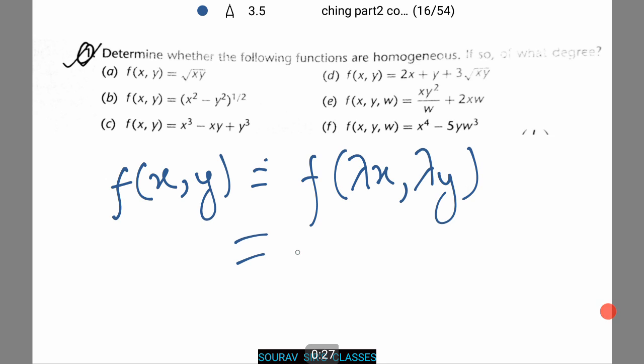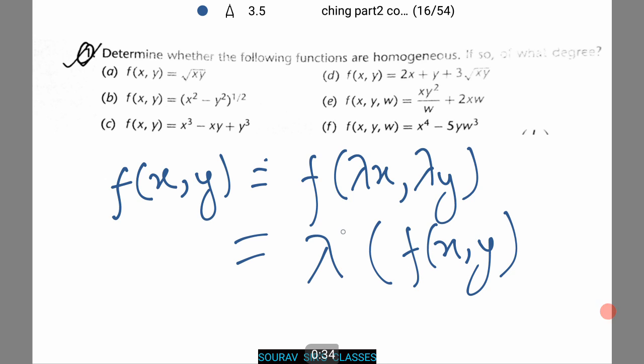Then whatever we get as the power, let's assume it as z, that is the homogeneity power or degree of that function. Let's see with the first question.